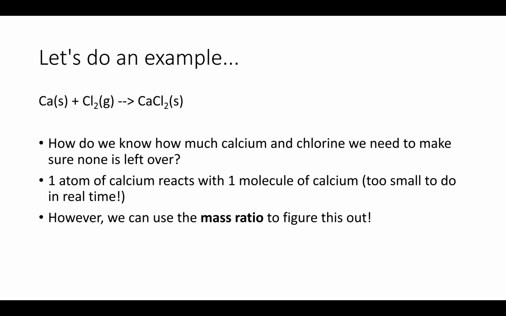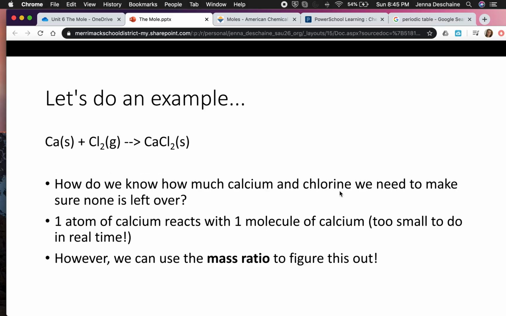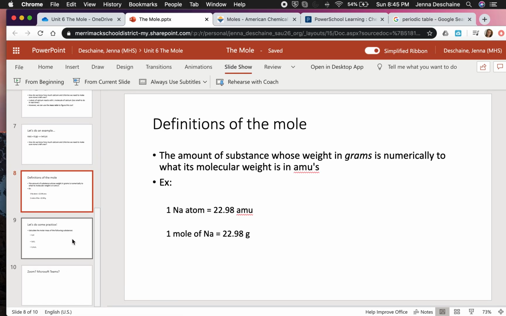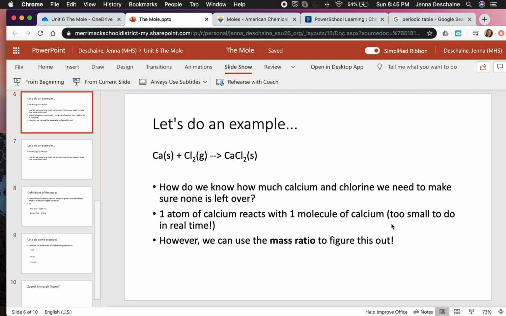Okay, so obviously 1 atom of calcium reacting with 1 molecule of, this is supposed to say chlorine. Let's fix that real quick. And it's not going to let me. Oh, is it having me draw?